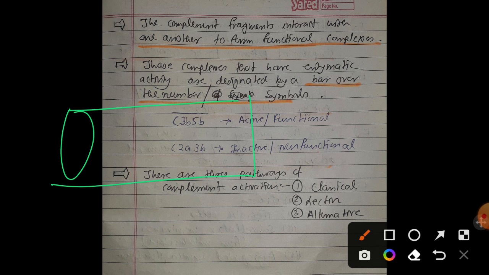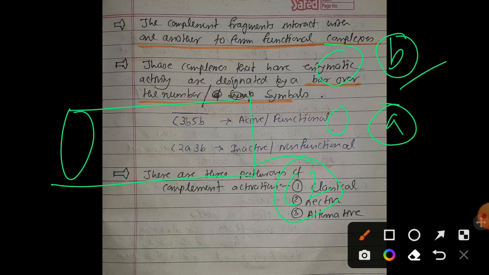So complement components are activated by breaking into two fragments, and we have also discussed that this breaking is unequal. We denote the larger fragment with small letter b and the smaller fragment with small letter a. But there is an exception in case of C2, where the larger fragment is C2a and the smaller fragment is C2b.